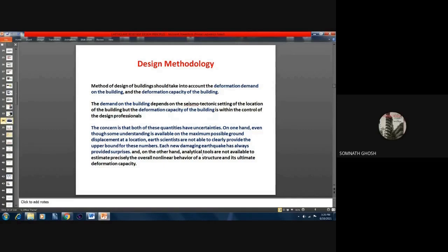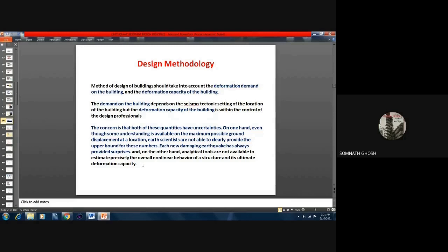And on the other hand, analytical tools are not available to estimate precisely the overall nonlinear behavior of the structure and its ultimate deformation capacity. So you can easily understand the real challenge. It is not only your mathematics or physics or whatever you're doing. You are dealing with a natural force which cannot be predicted properly.